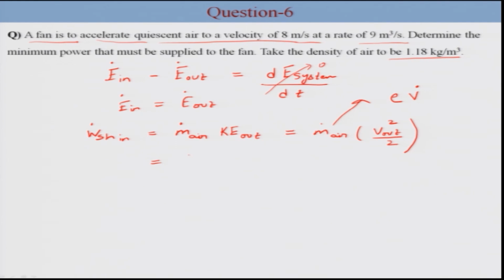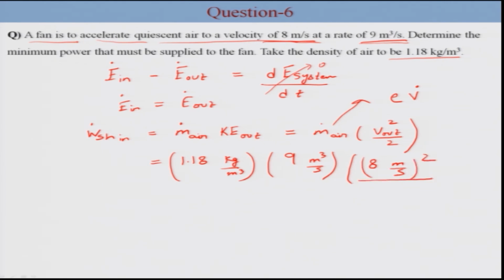So, we are directly putting the values. Density of the air is 1.18 as given in the question kg per meter cube and volume flow rate is 9 meter cube per second. The velocity of the air coming out is 8 meter per second. So, square of this, V square divided by 2.